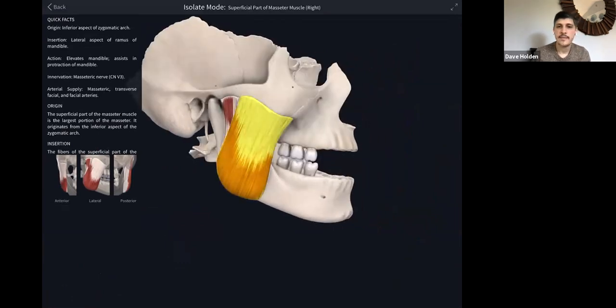And there is masseter, from the zygomatic arch to the ramus of the mandible. Its primary job is mandible elevation, so it closes the mouth, but if you notice those fibers moving at an angle, it will also assist with protraction, so moving the jaw forward.